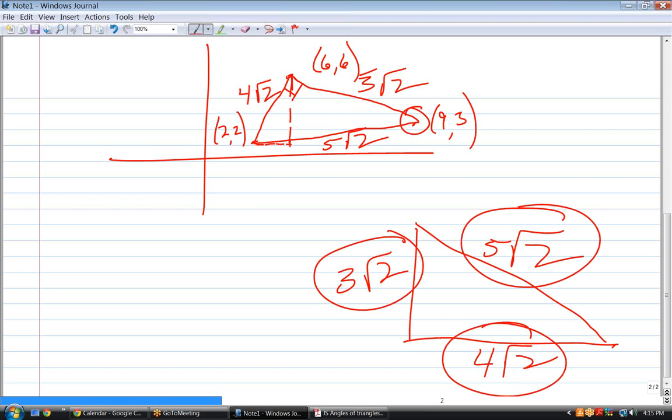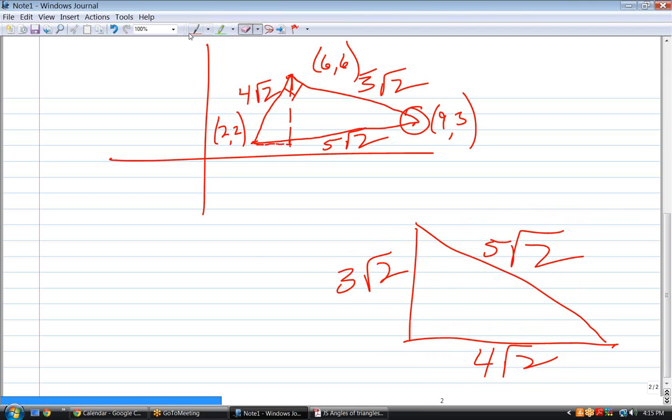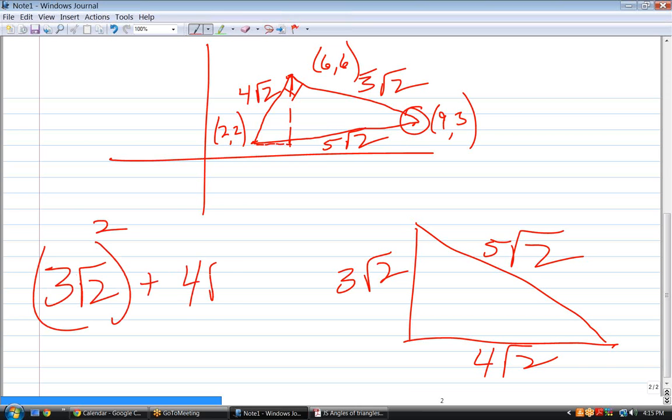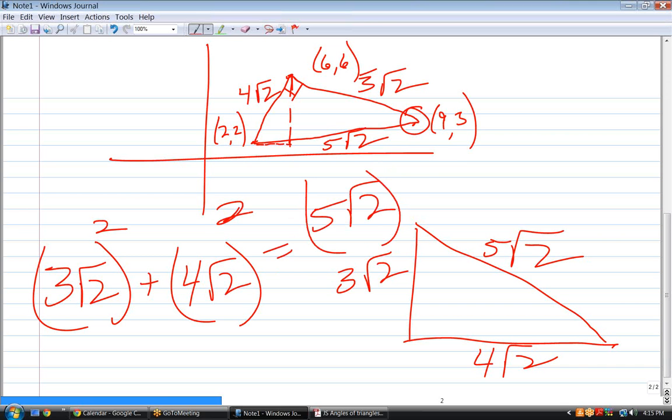And if it is, then that would be a right angle, and it would make the whole thing a right triangle. So let's write 3 root 2 squared plus 4 root 2 squared. Is that equal to 5 root 2 squared?